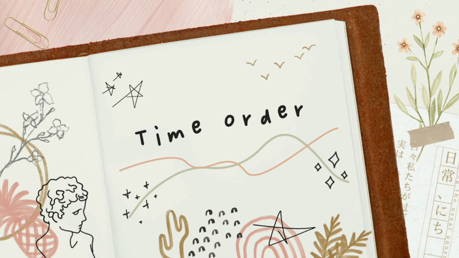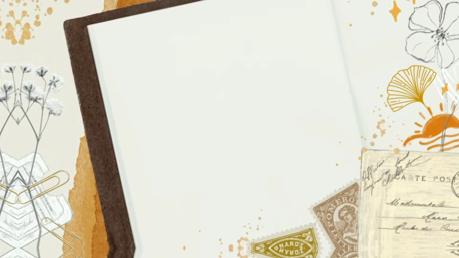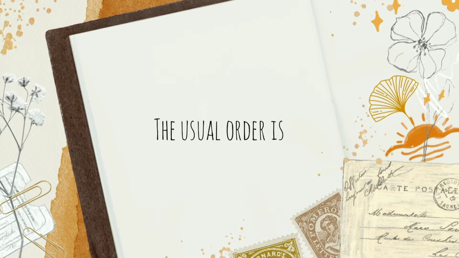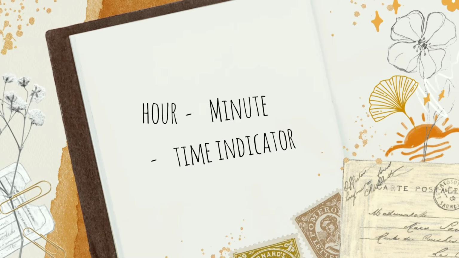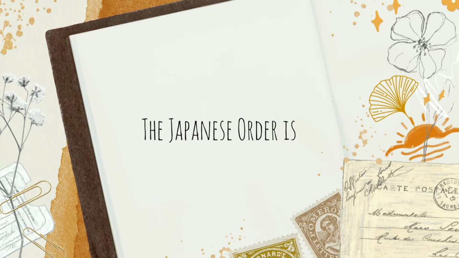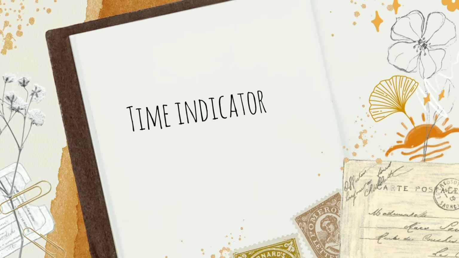One important thing to note is that the Japanese order of telling time is different from ours. The usual order that we go by is hour, followed by minute, then the time indicator. However, the Japanese tell and write their time as time indicator, followed by the hour, and then the minute.